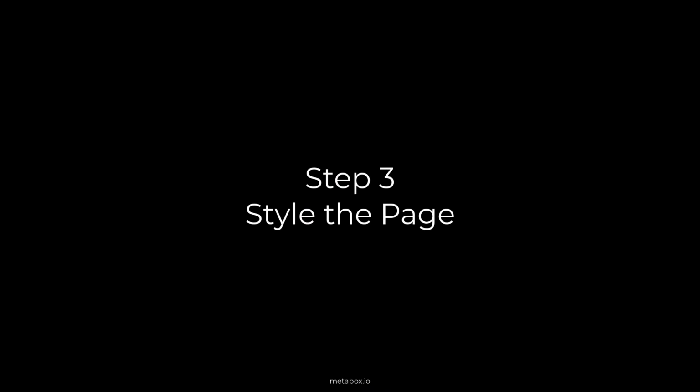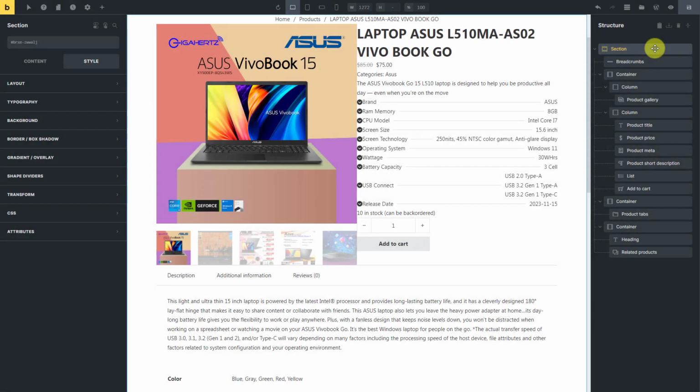To have a better look for the product page, you should go back to the page editor with Bricks. Then, choose each element, both the elements dedicated for Woo and the ones for custom fields created with MetaBox.